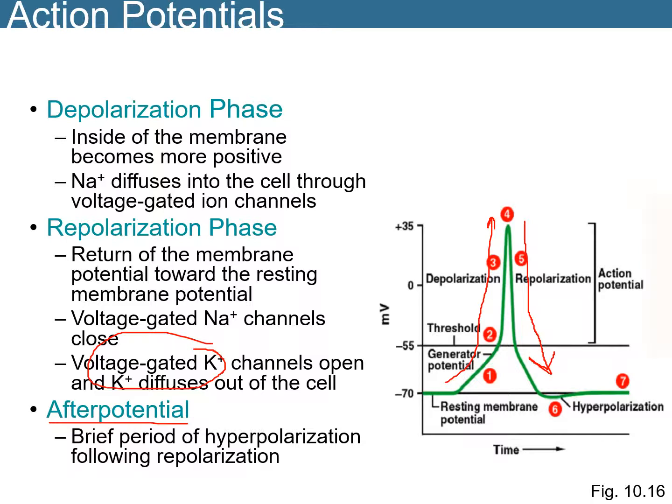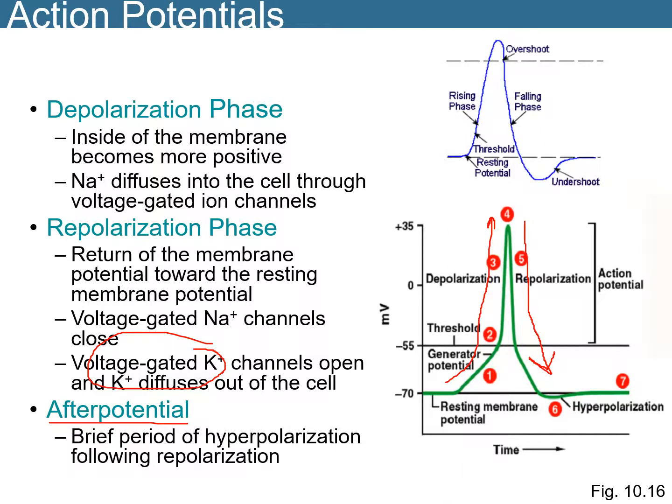I should note to you in your book and in other parts of the chapters, you're going to see these events occur and they reflect 6 different parts. The first is resting membrane potential. The second is that we reach threshold, then rising phase, an overshoot, a falling phase, and then an undershoot, or that after potential, right?